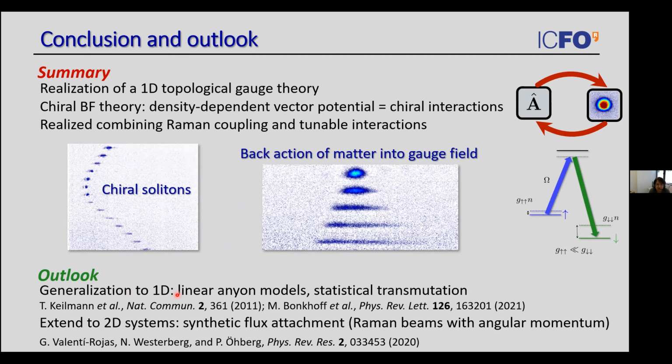Here, for the moment, we still have some transverse excitations left over in our system because we don't confine it strongly enough. If we go there, then our system should allow us to engineer these linear anyon models and see statistical transmutation. And then the second is that there is a nice route already proposed to extend this scheme to two-dimensional systems and really engineer a Chern-Simons gauge theory by using, instead of counter-propagating Raman beams, beams with angular momentum.